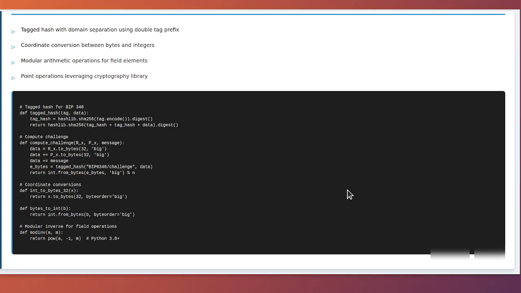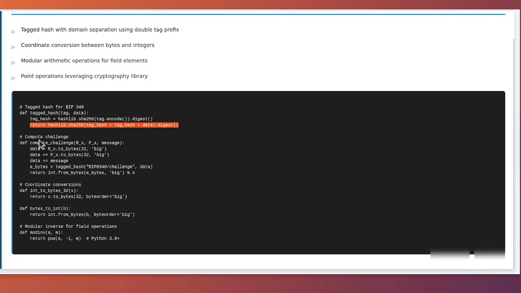The first essential helper is the tagged hash function specified in BIP340. This function takes a tag string and data bytes as input, and produces an SHA-256 hash with domain separation. The construction is tagged hash equals SHA-256 of the concatenation of two SHA-256 hashes of the tag, followed by the data.